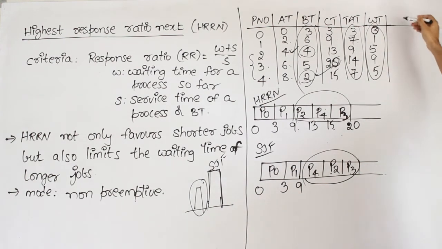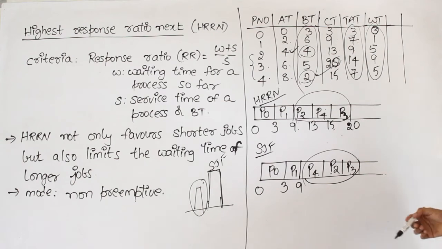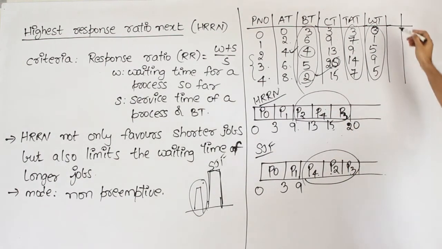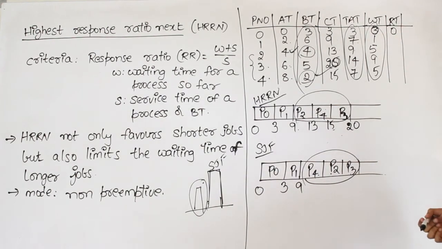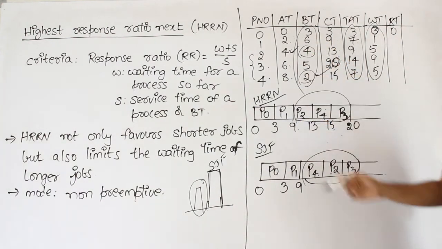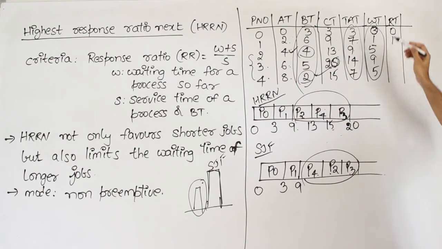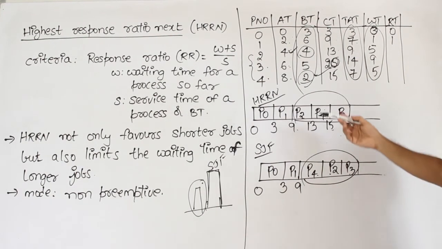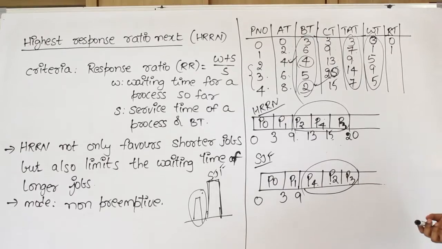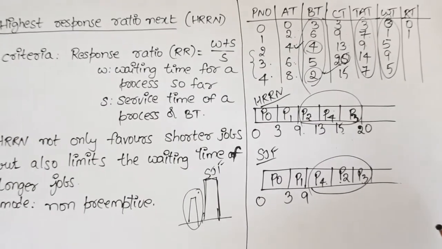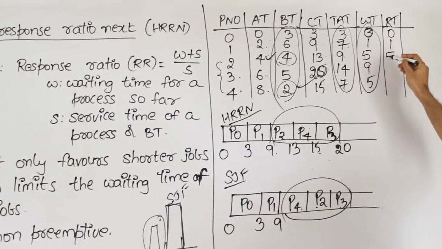See this, what is the response time of P0? It arrived at 0 and it got scheduled immediately, therefore response time is 0. What is the response time of P1? It arrived at 2 and it got scheduled at 3, therefore response time is 1. What about P2? P2 arrived at 4 and it got scheduled at 9, therefore response time is 5.